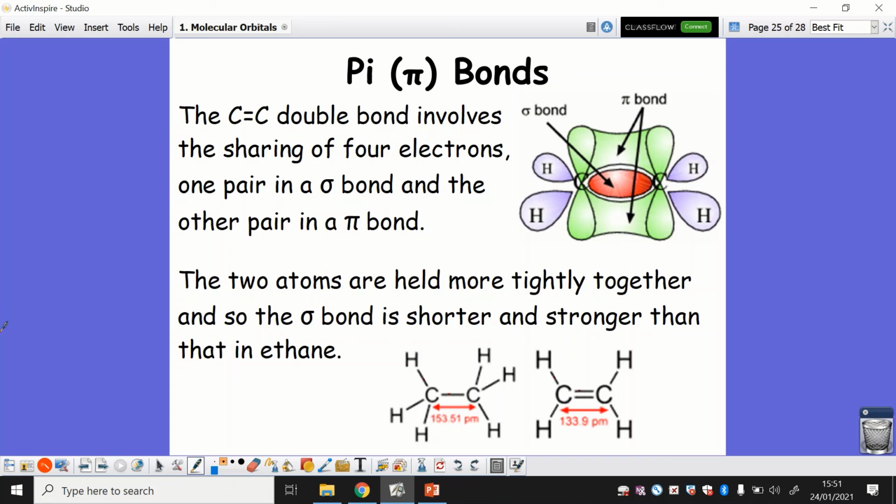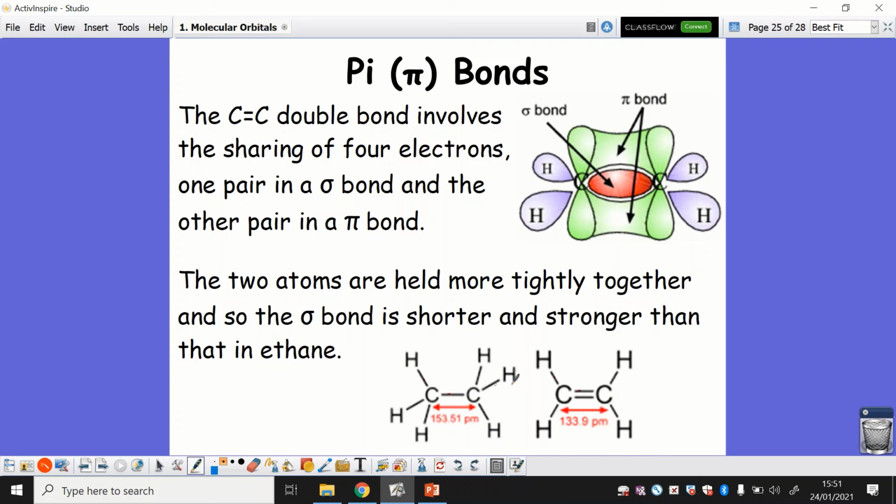So a little note quickly on the effect that a pi bond has on the sigma bond that's also in that double bond with it. The carbon-to-carbon double bond means that we've got 4 electrons being shared in this whole area here, 2 in the sigma bond between the 2 carbons and 2 in the pi bond. Because we've got 4 electrons in this region, we've got a stronger electrostatic attraction.